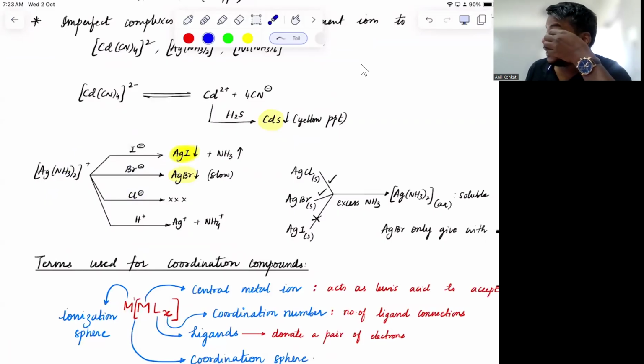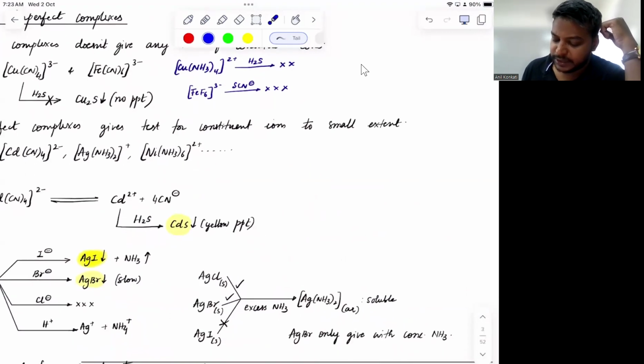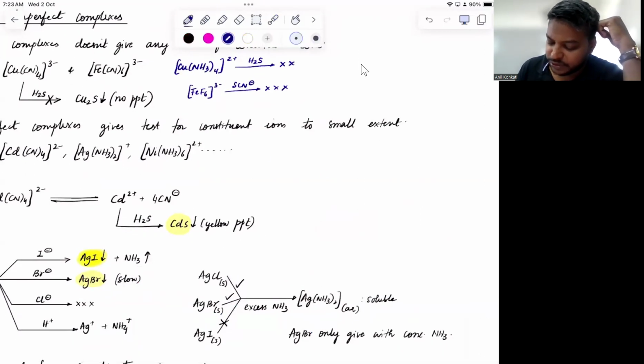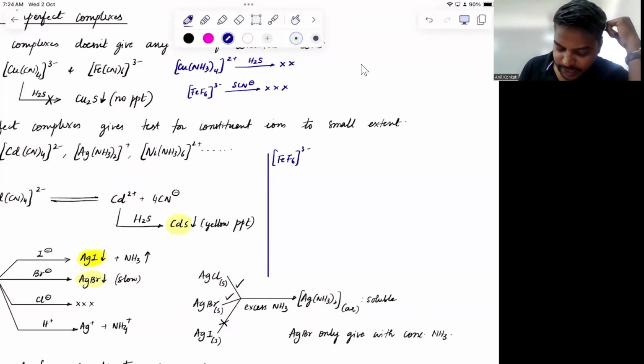Now, is it possible that in some cases it is perfect and in some cases it is imperfect? Yes, it is. It again depends upon what solution you are adding. For example, if I take [FeF6]3- and add HCl, it is not making any change.